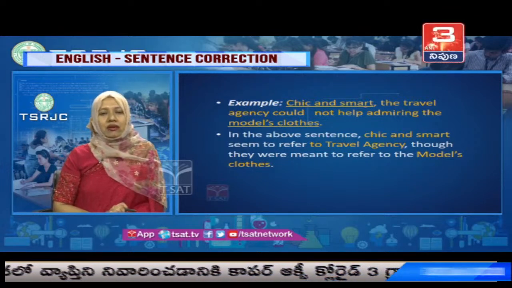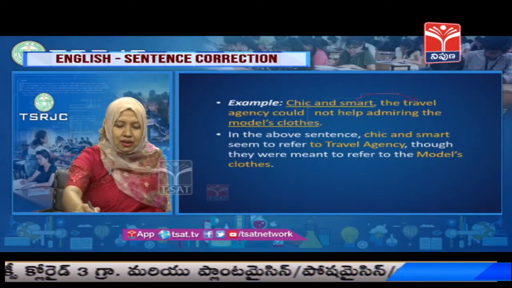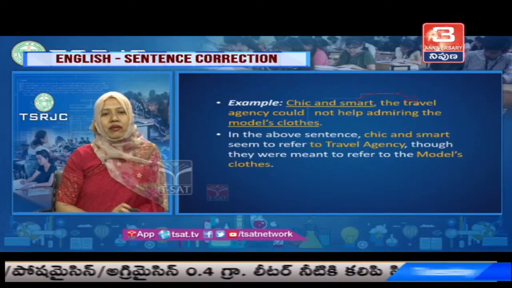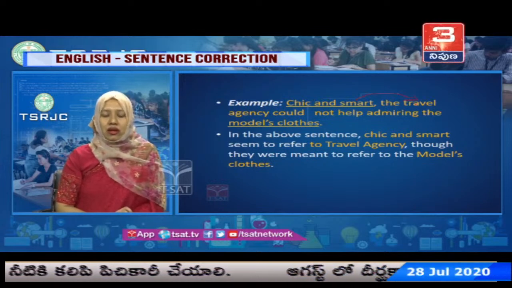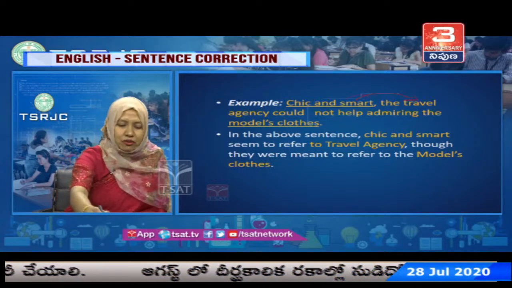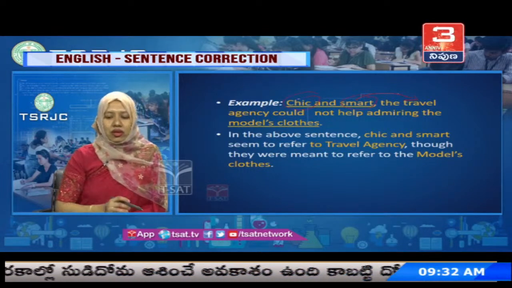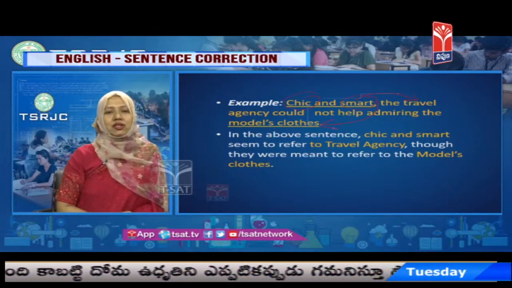Now, you think that chic and smart refers to travel agency because this comes next. This is followed by travel agency, but it is wrong. Here, this adjective chic and smart is talking about what? It's talking about model's clothes, not travel agency.